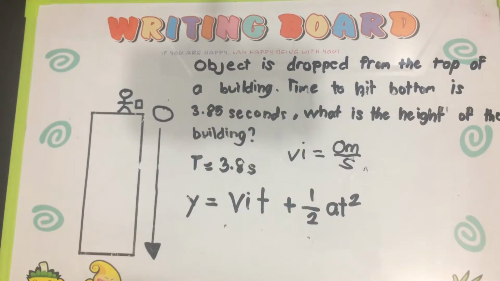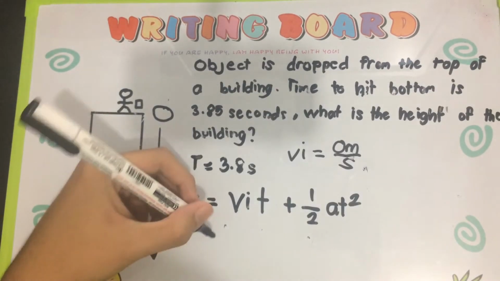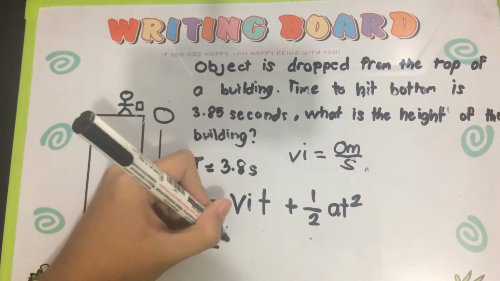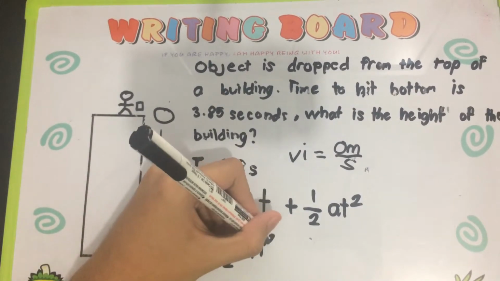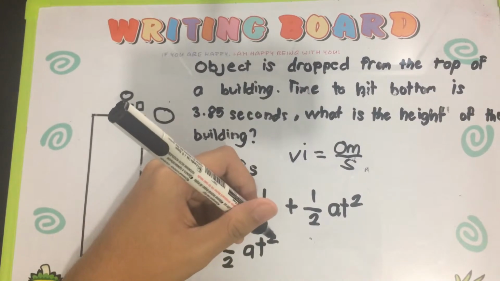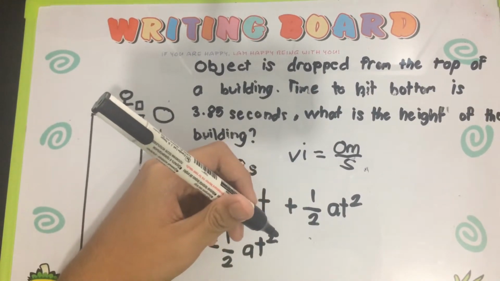So now we have that y equals 1/2 a t squared. So we can just plug numbers in and solve.